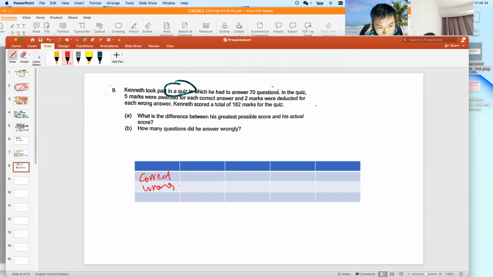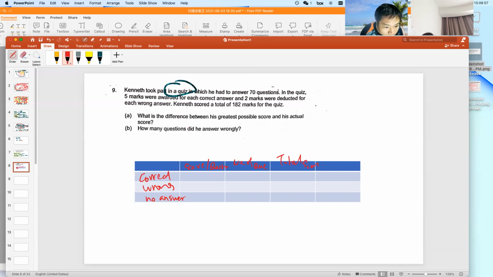And if they want to make it slightly harder, they can also have the no answer. So this is called score per question, and this is number of questions, and of course, it's total score.